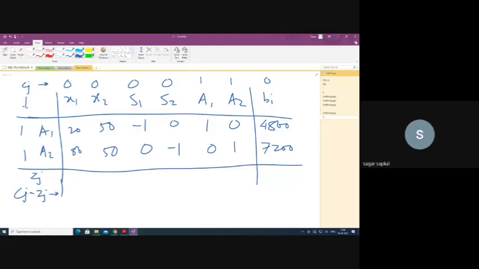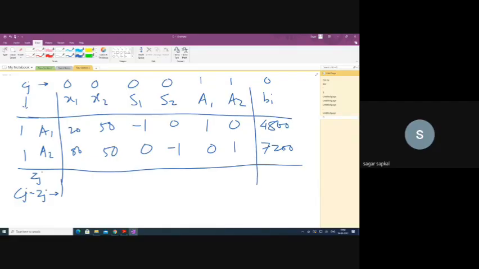In the two-phase method, you have to convert the objective function in such a manner that the coefficients of decision variables as well as surplus and slack variables should be 0, and artificial variables will have the coefficient 1. If it is a minimization problem, it will be plus 1 for artificial variables, and for a maximization problem, it will be minus 1. Okay?